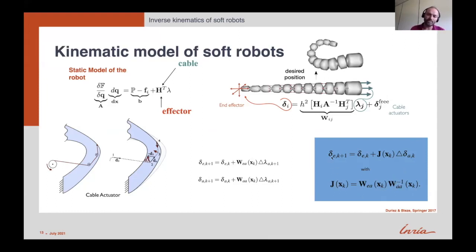When you do that, you have the variation of the position of the end effector based on the variation of position of the actuators. So here it's directly a Jacobian. It's exactly like a Jacobian of a rigid robot, except that you take into account the compliance of your robot.